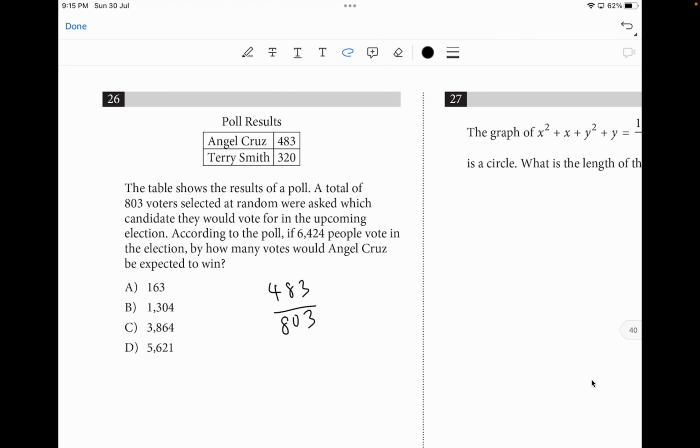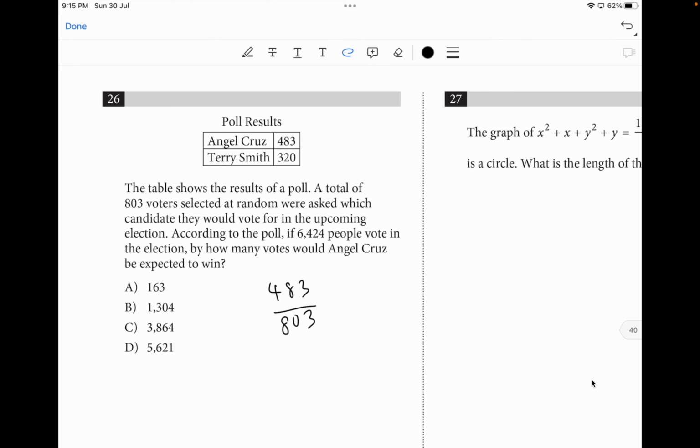Okay, so if you put this in a calculator, you should be getting roughly 3,864. Okay, so this is not going to be the final answer.